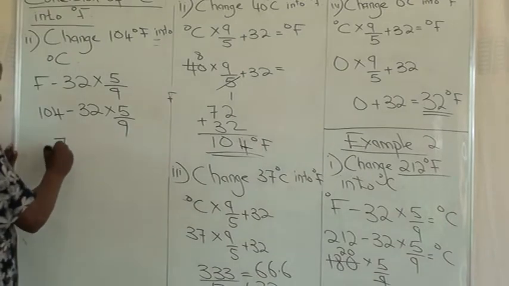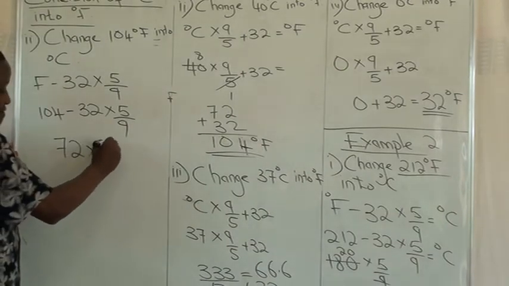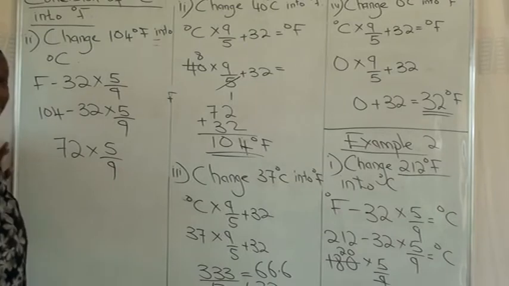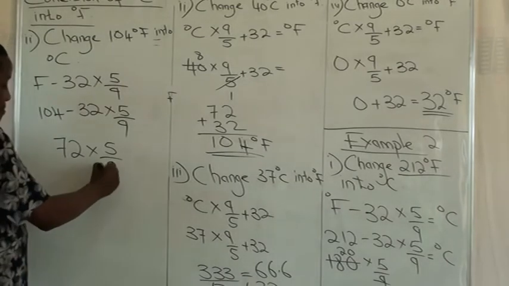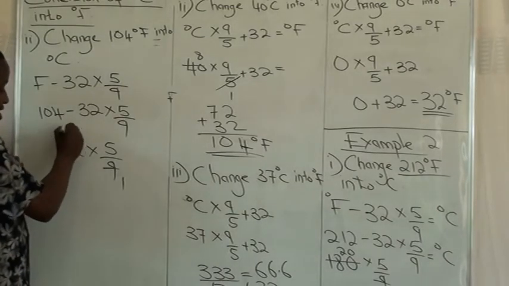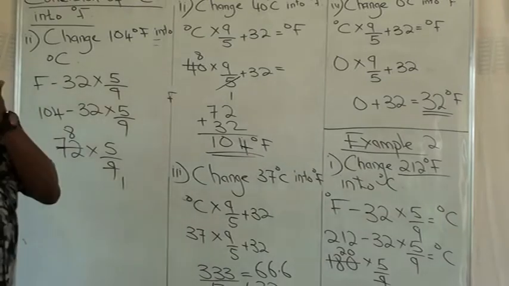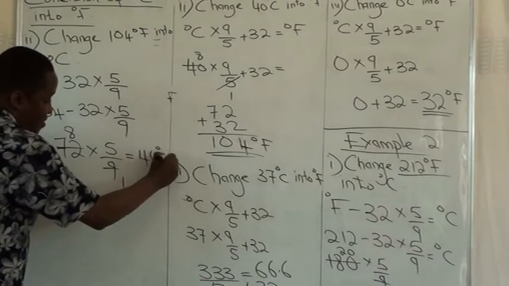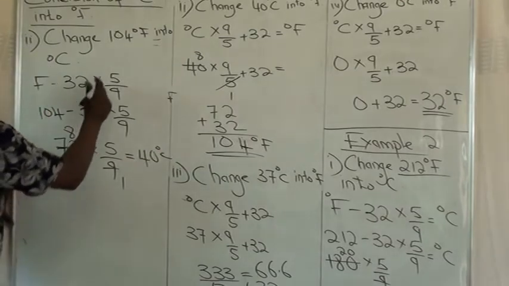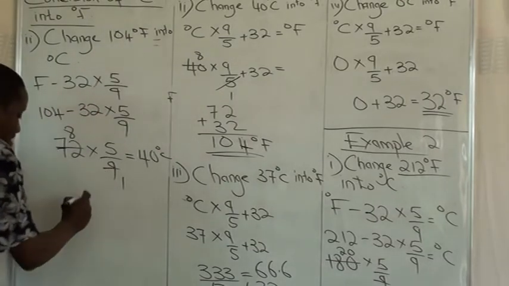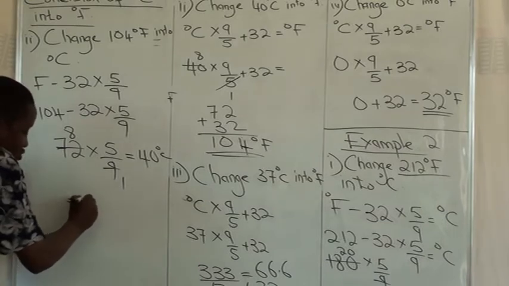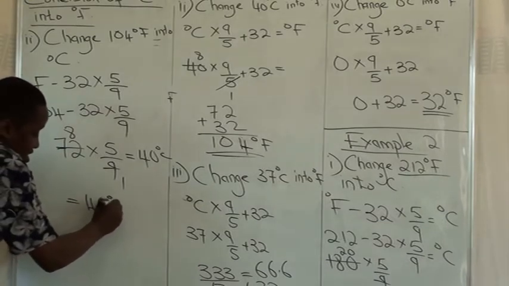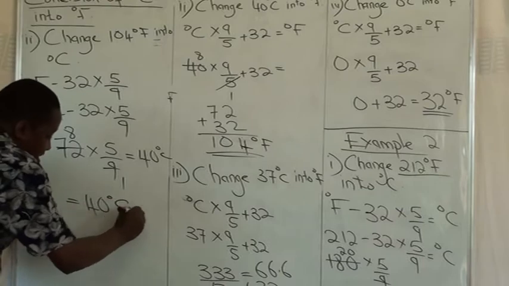We end up with 72. We multiply by 5/9. Let's cancel. By 9, 1, by 9, 8, and what is 8 times 5? Our answer is 40. So you can see 104 degrees Fahrenheit is equivalent to 40 degrees centigrade.